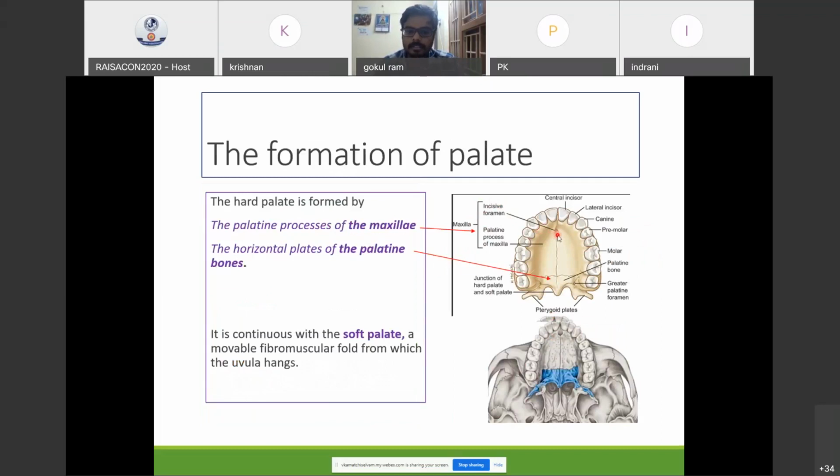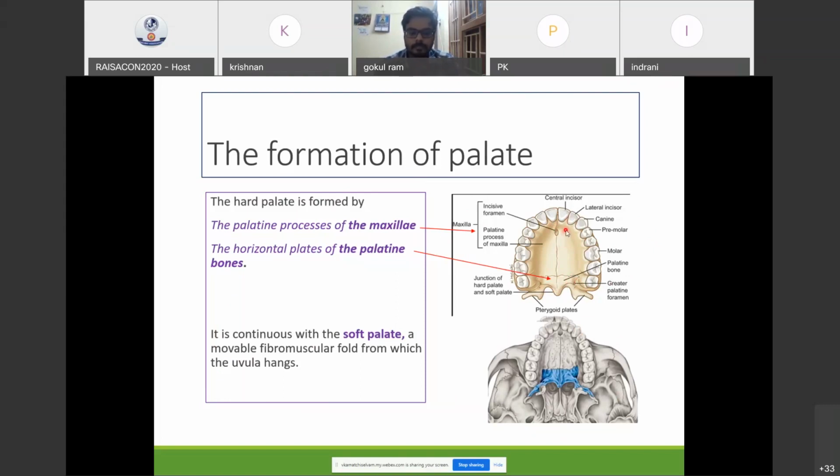The palate that is present anterior to the incisive foramen is formed from the backward growth of the maxillary processes, sir, and the fusion with the nasal septum. And the posterior palate is mainly formed by the palatal shelves, which fuse in the midline, sir. The posterior part is from the palatine bone and maxilla. Okay. Right.